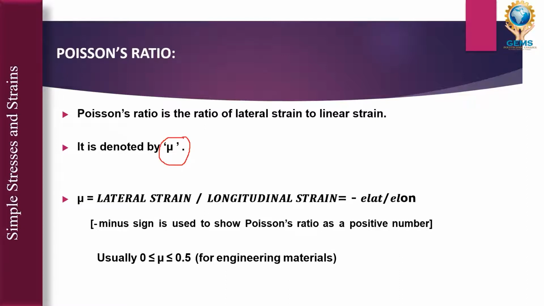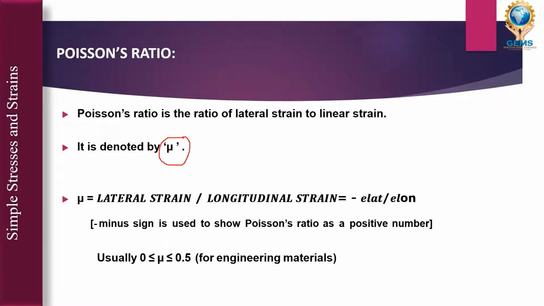Once again I will repeat, Poisson's ratio is the ratio of lateral strain to linear strain, or lateral strain to longitudinal strain. Mathematically, Poisson's ratio mu is equal to minus lateral strain divided by longitudinal strain. The minus sign is used to show Poisson's ratio as a positive number.